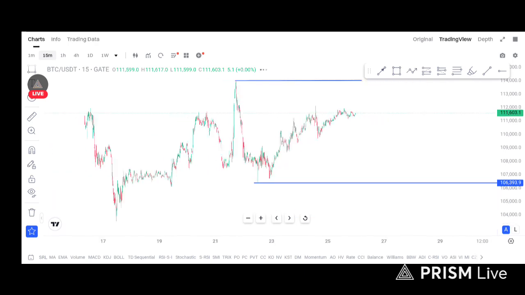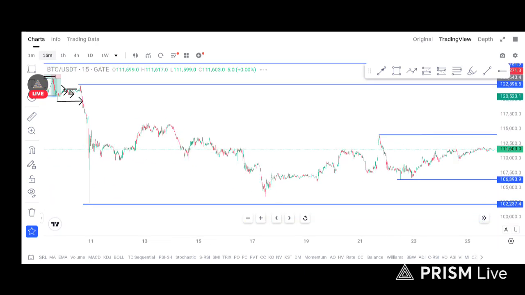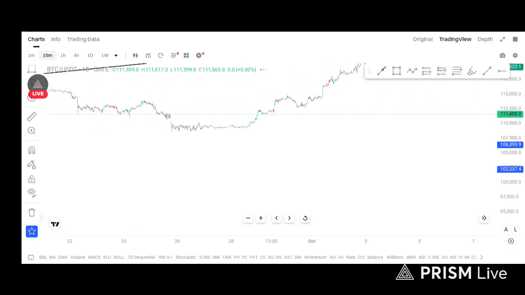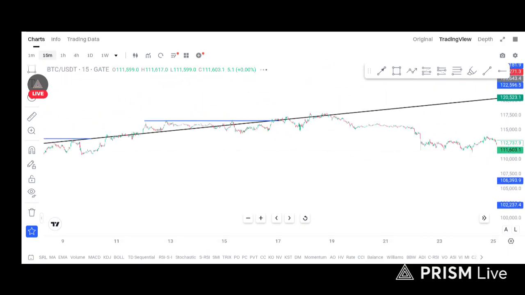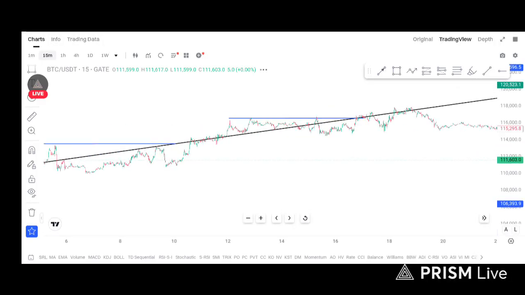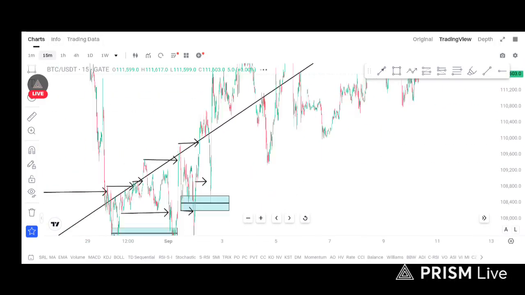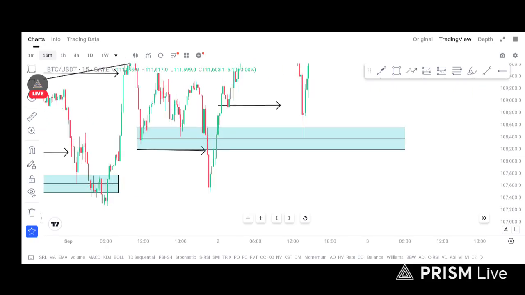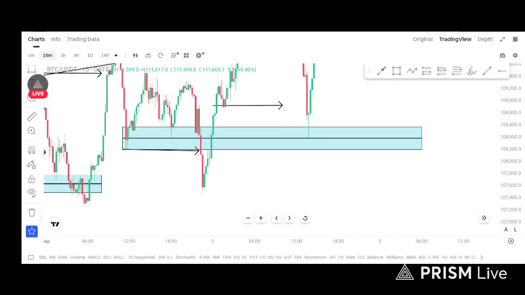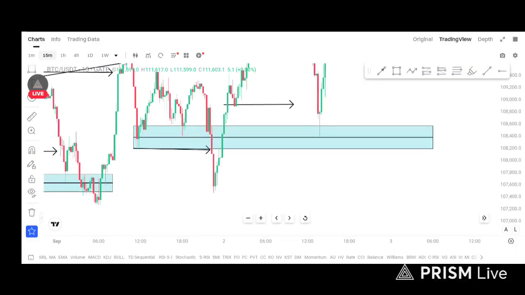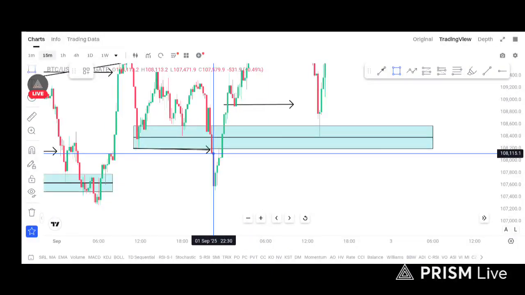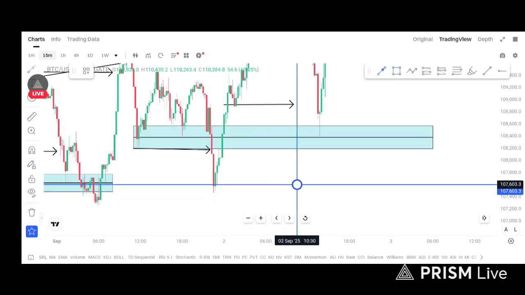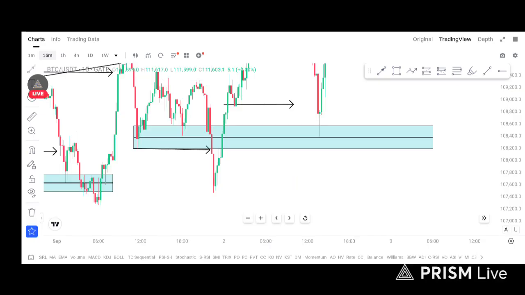You will see live examples of how it works, so it's not as if you are doing magic. Okay, the 15 minutes does not have a very clean order block, I guess. So we can go to the 30 minutes time frame to see if we can get one.